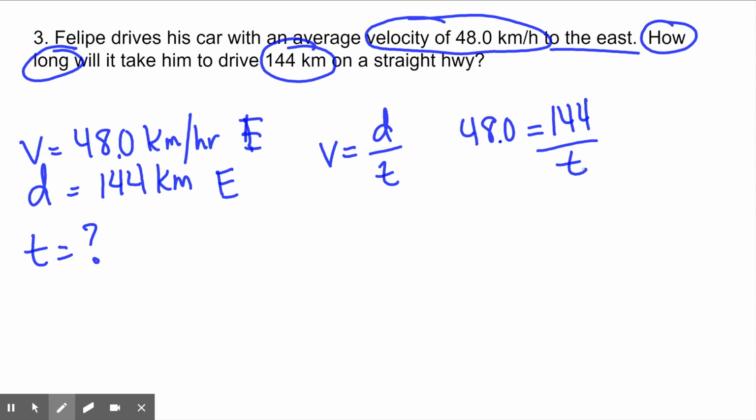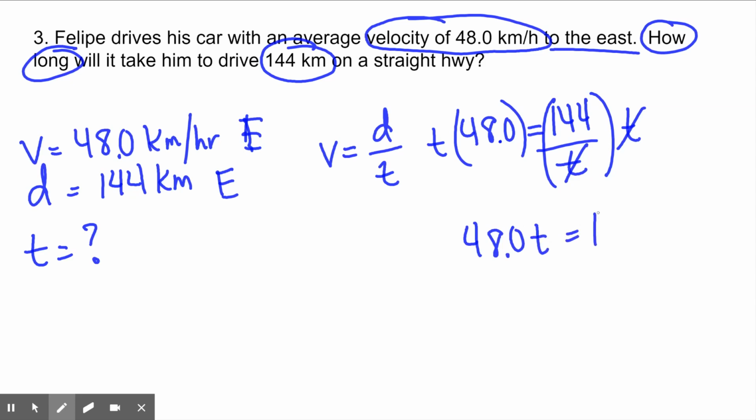Notice that the t is in the denominator. So let's multiply both sides by t. This cancels out, and we get 48.0 t equals 144.